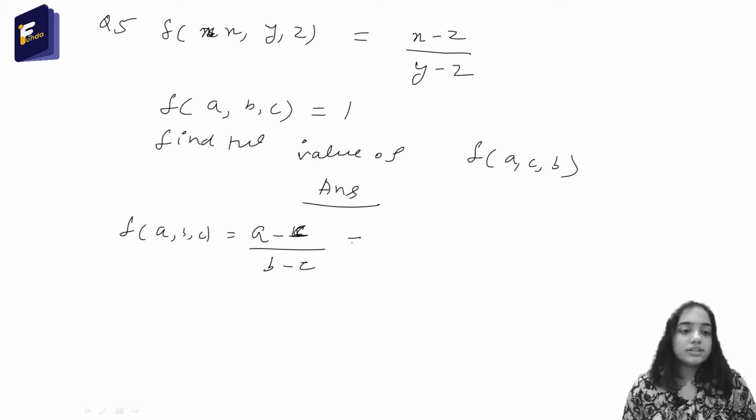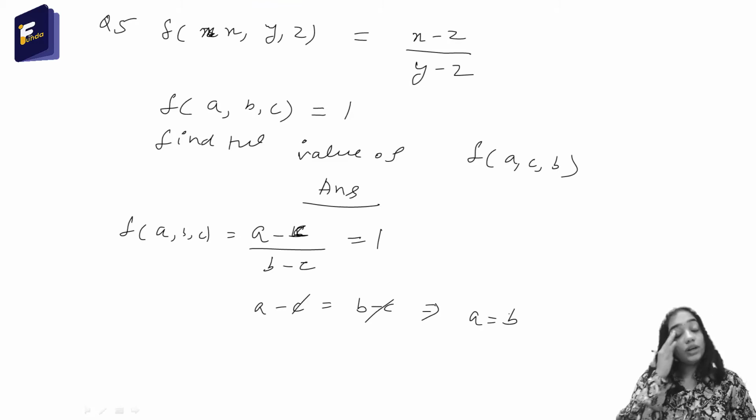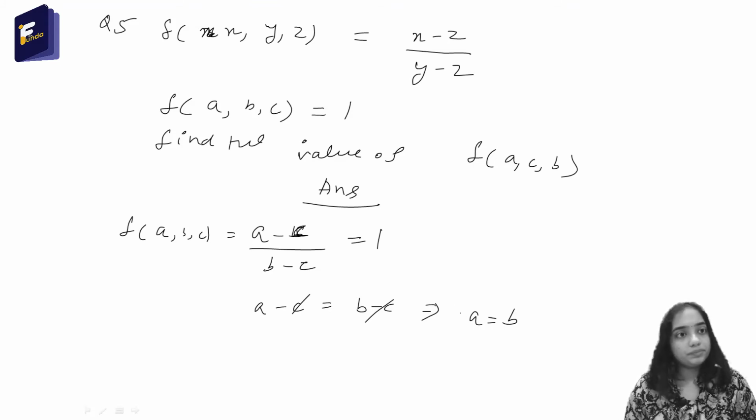So we are given that this is equal to 1. So by cross multiplying we will get that a minus c equal to b minus c, which implies that a equal to b. Okay, so we have got one condition, that is a equal to b.